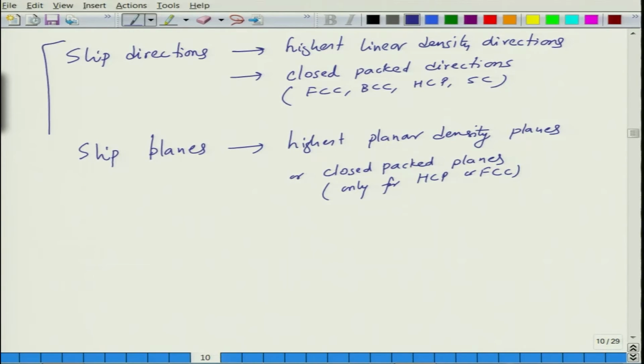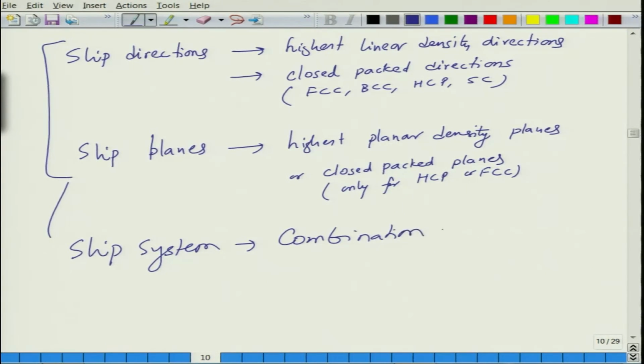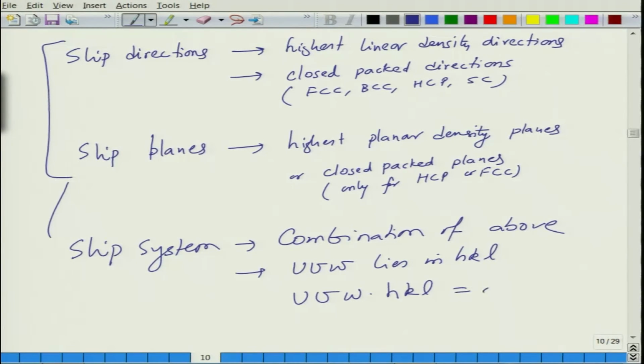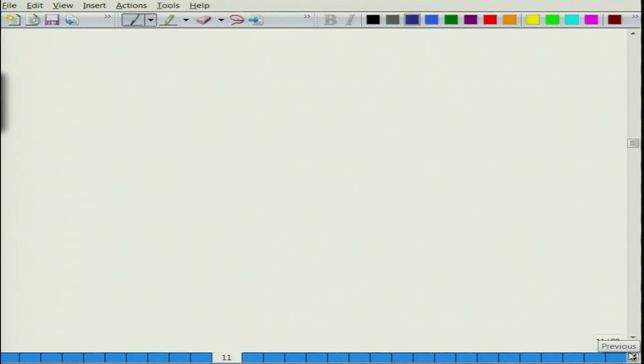The combination of the two, as we said, is the slip system, but with the condition that UVW lies in HKL. So, UVW dot HKL is equal to 0. This is the definition of a slip system.